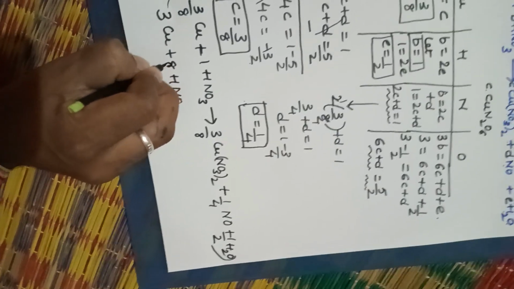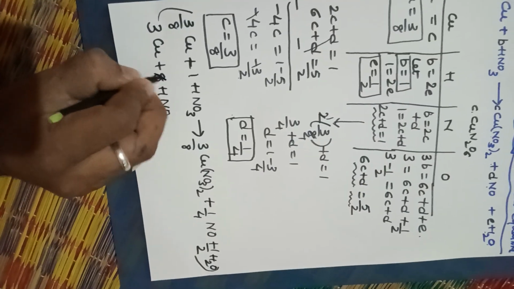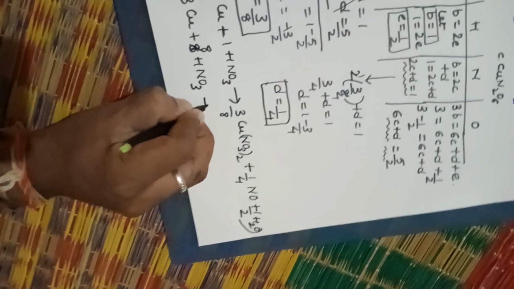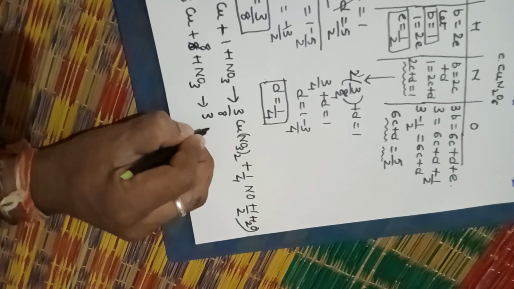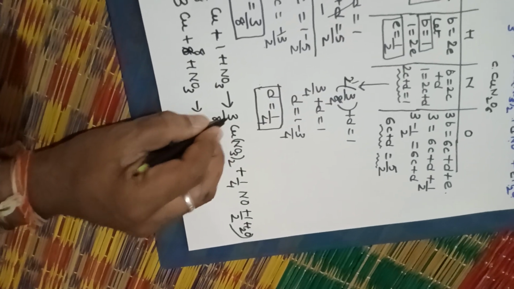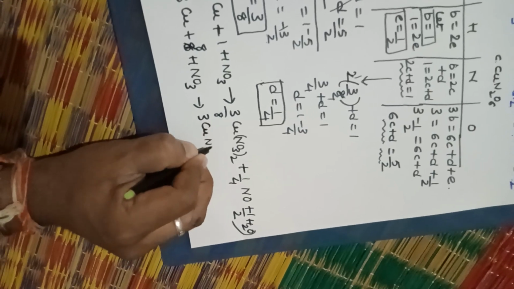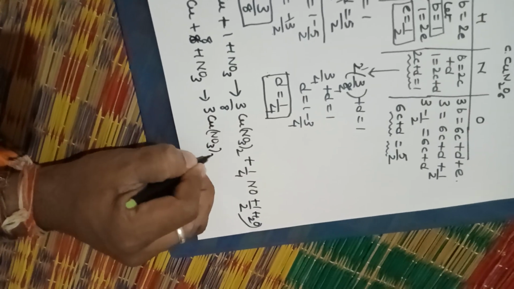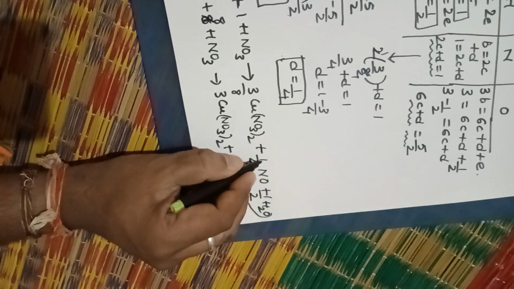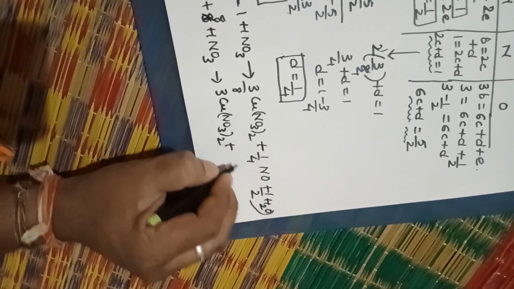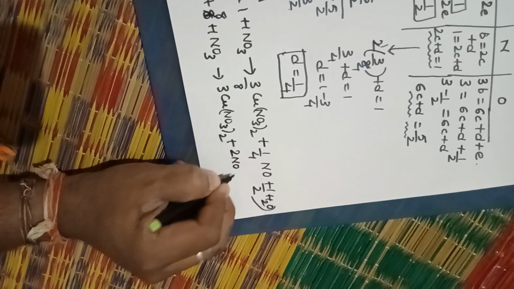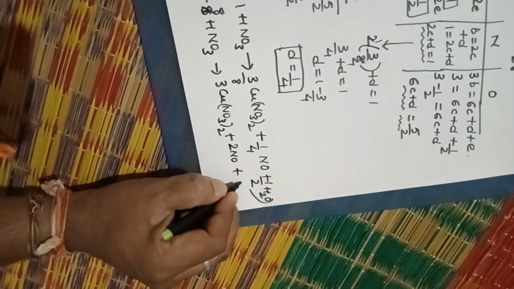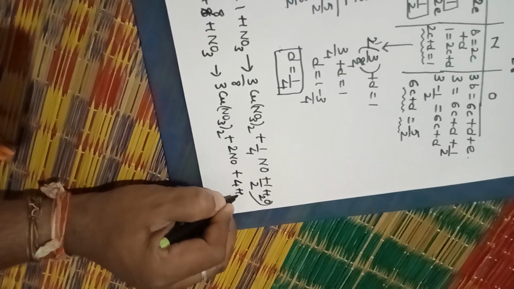Then if I multiply this by 8, 3/8 into 8, I'll be left with 3Cu(NO3)2. Plus 8 into 1/4 is 8/4, which is 2NO, plus if I multiply this by 8, it will be 4H2O.